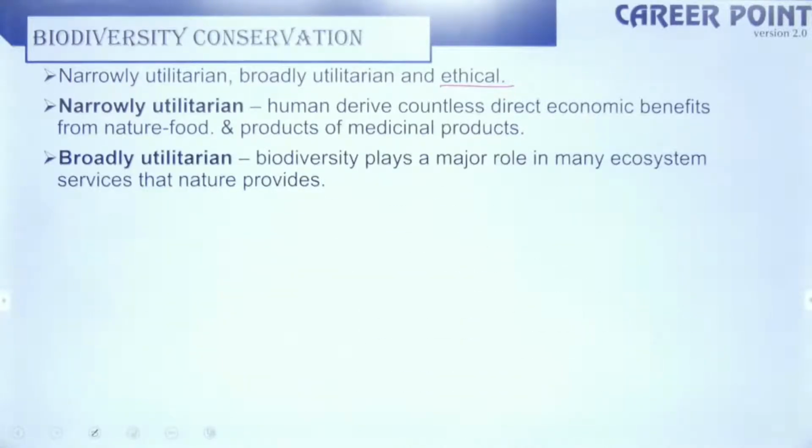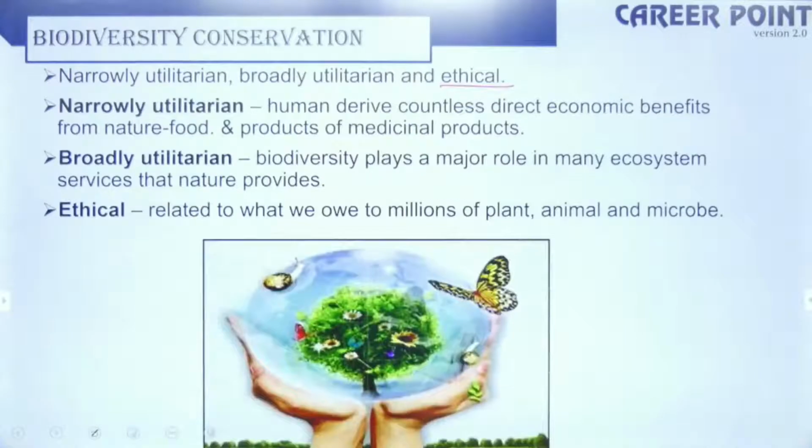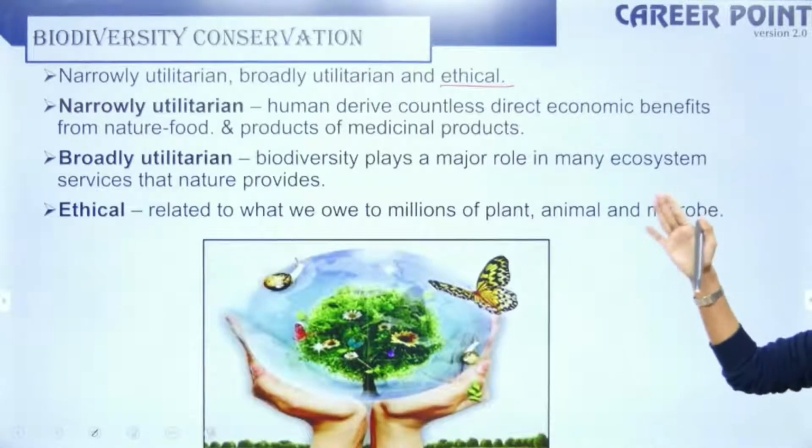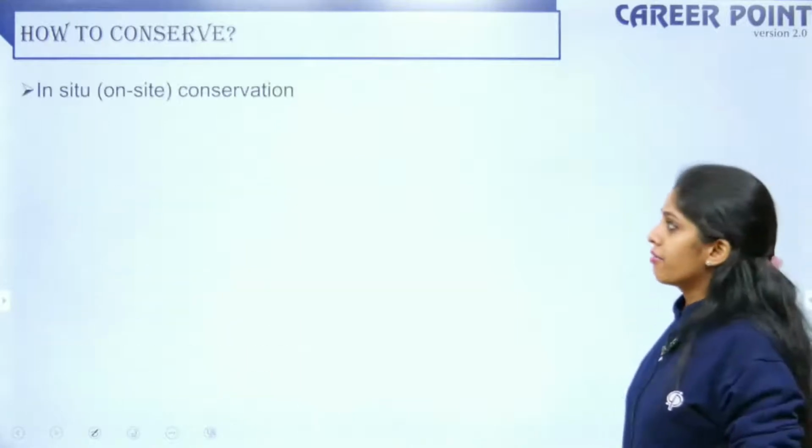Broadly utilitarian: biodiversity plays a major role in many ecosystem services that nature provides. Ethical: related to what we owe to millions of plants, animals and microbes. So this is your biodiversity conservation. First we have categorized how important it is. Alright. So moving further, how to conserve biodiversity.